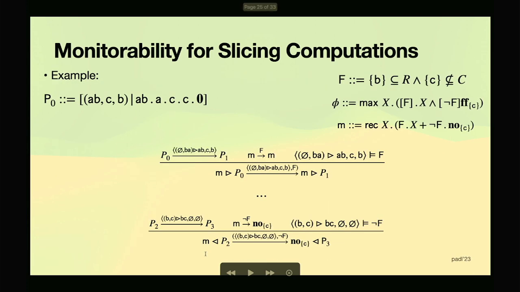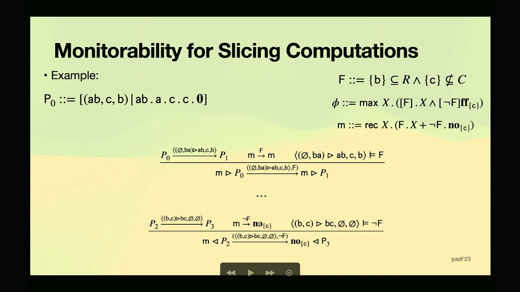Now, we can have the execution of our reaction system guided by the monitors. So if the label satisfies that particular assertion, the computation goes on.